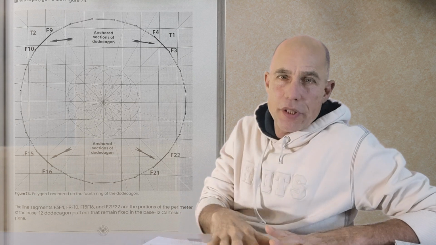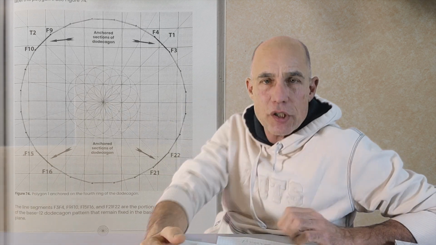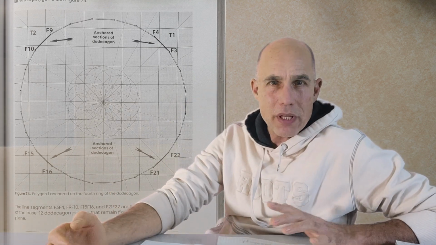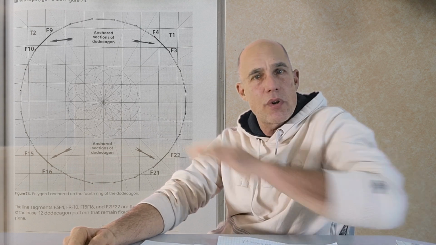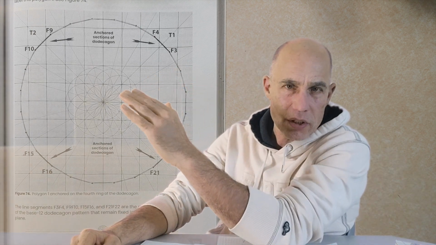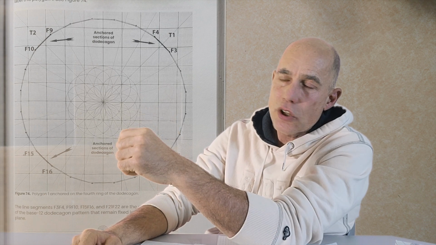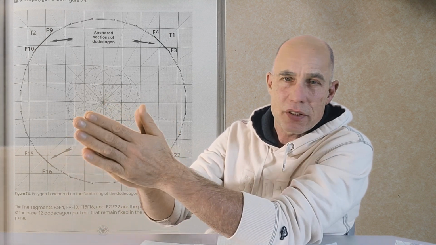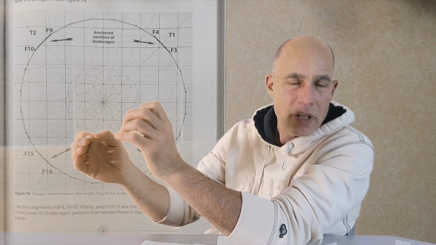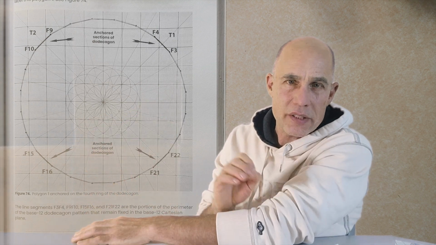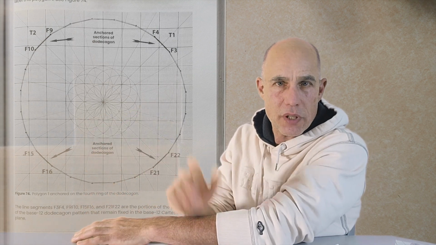Okay, I decided to point out one more thing, or give you a little more information about the relationship of the point where the 45 degree line is crossing the dodecagon to circles that could be drawn by its outermost points and the innermost points on the x and y axis. So we go back to the first ring of the diagram.